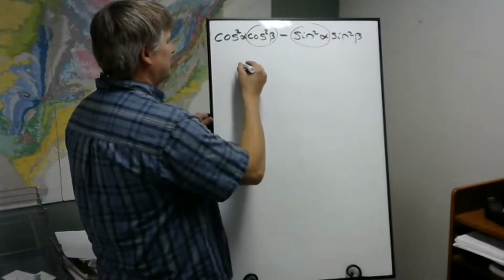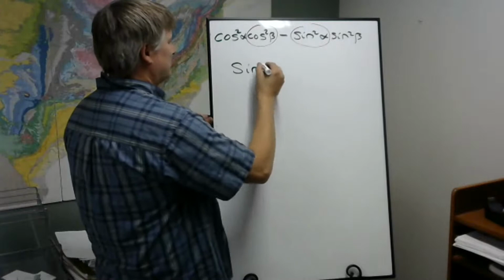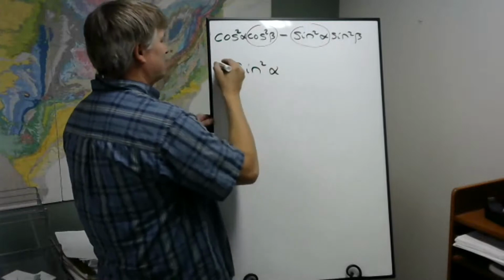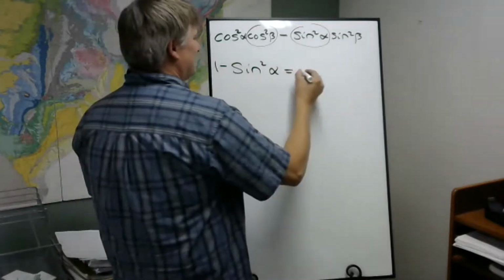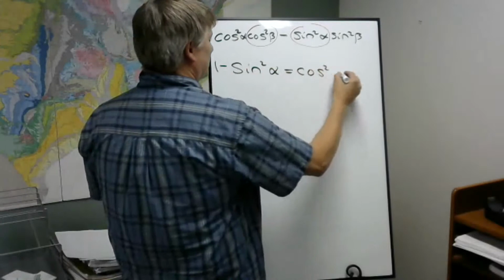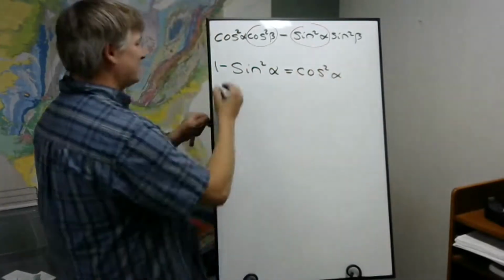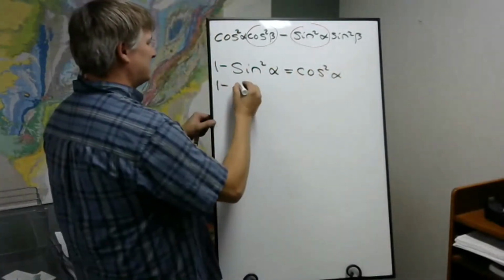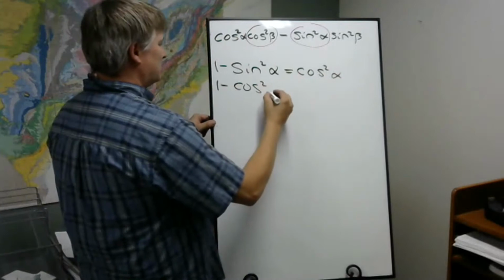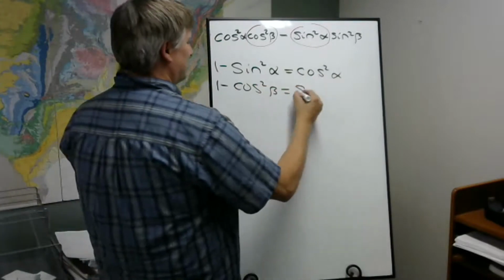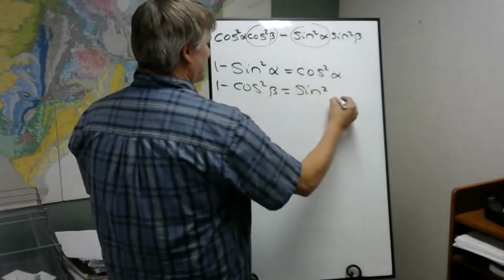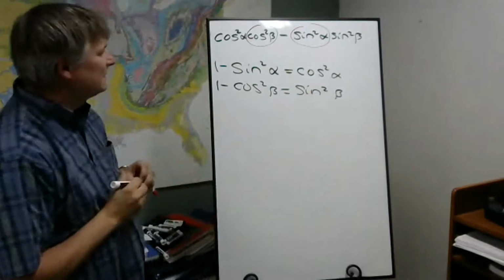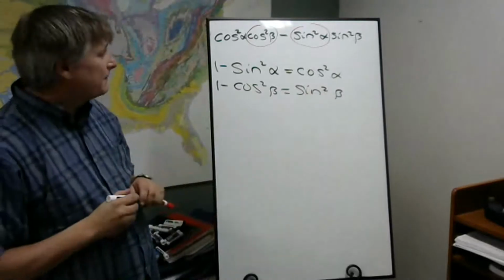Use the fact that 1 minus sine squared alpha is cosine squared alpha. And 1 minus cosine squared beta is sine squared beta. So let's see what happens here.